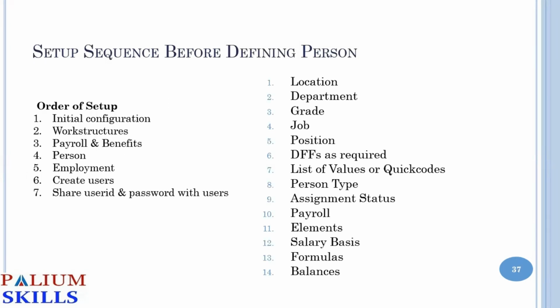Now, this is usually the setup sequence before you start defining a person. Even when you have a new organization or a new implementation, this is the flow. On the left, these are the high level items, and these are the individual items that you need to create before you can start entering any transactions in the application.